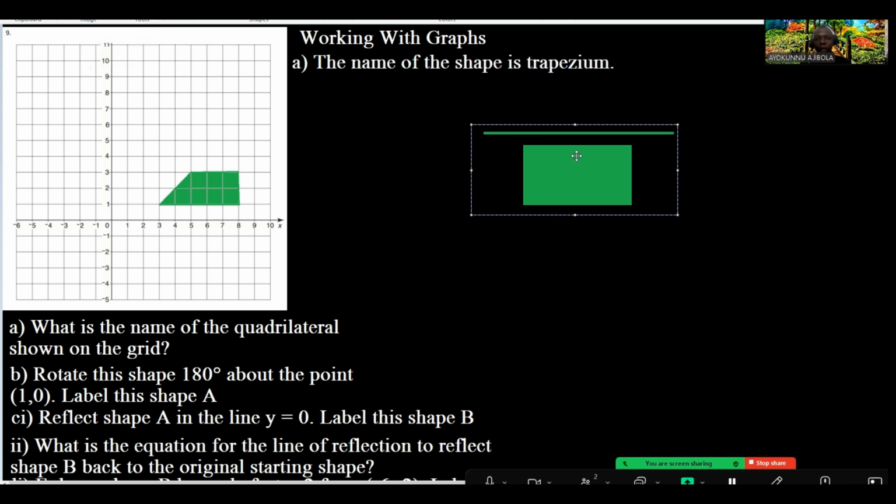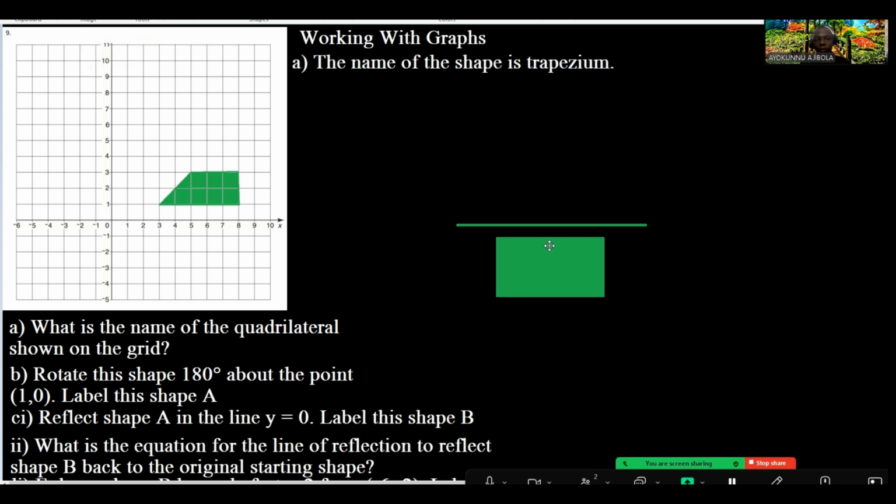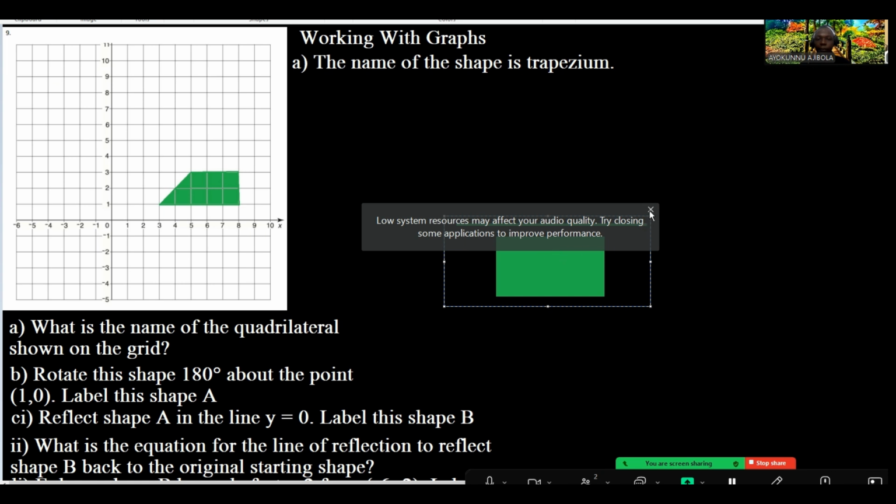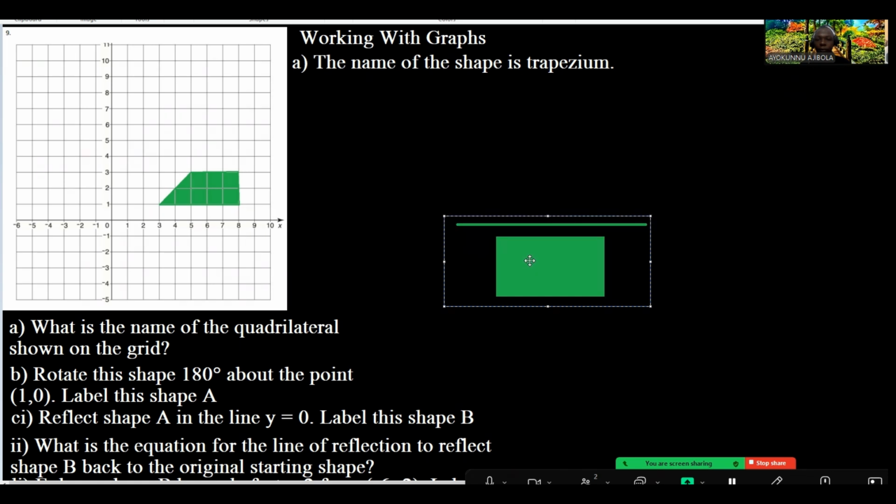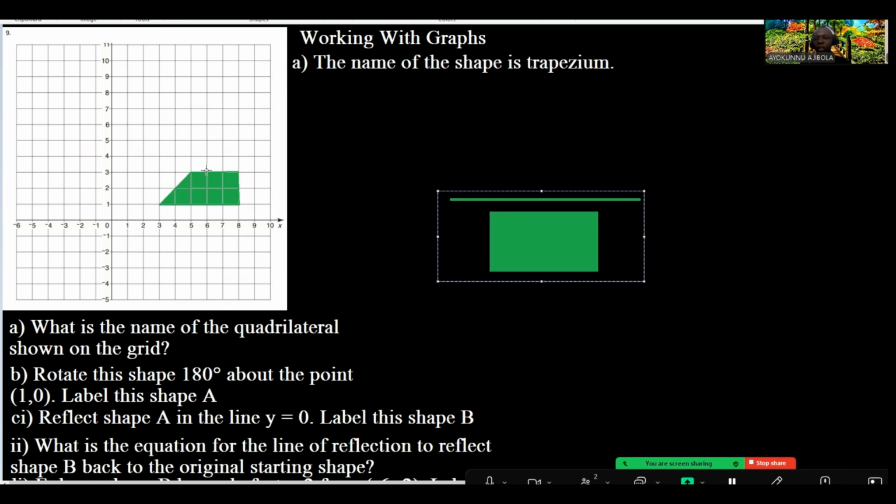So can you see what you now have, right? So rotating this other shape is going to take us back to this quadrant, okay? Is that clear?